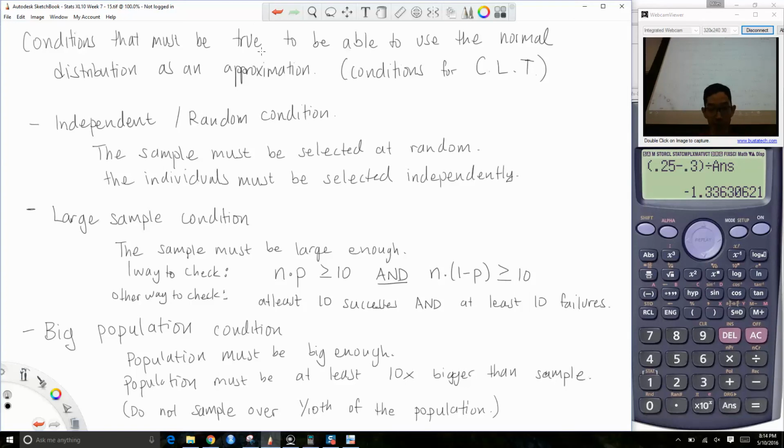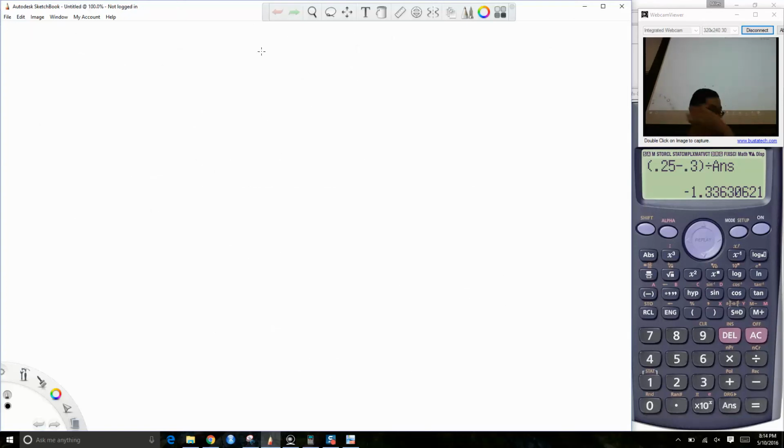All right, let me give you a couple of examples here. You tell me, are all the conditions met, or is a condition violated? And if not, which is violated?